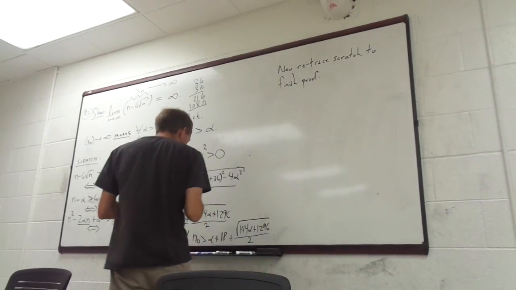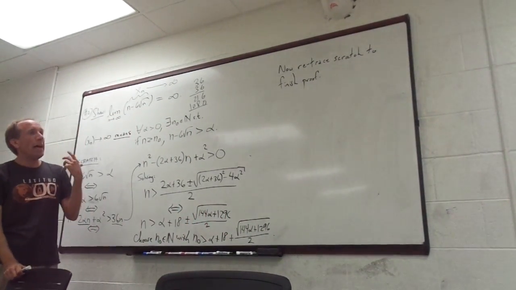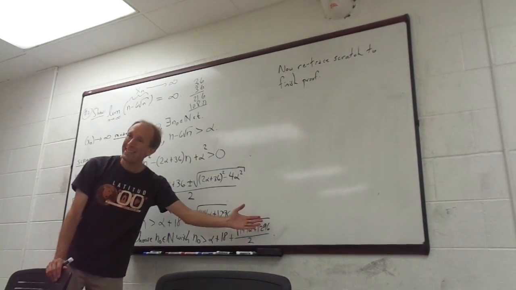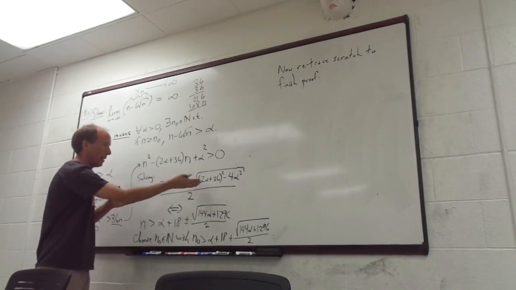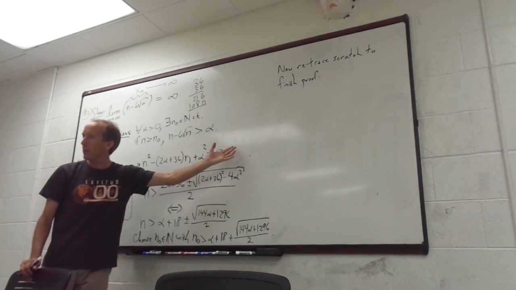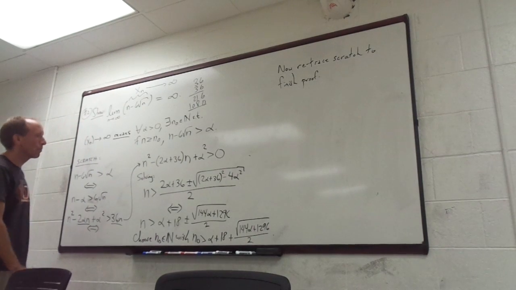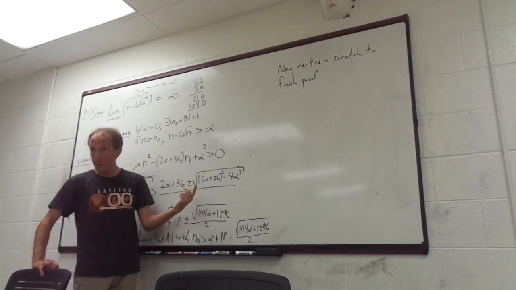So in other words, if you started here and you said let n naught be greater than this, then if n is greater than or equal to n naught, then n will be greater than this, right? And if n is greater than that, then n is greater than this, right? And therefore, this will be true, because this is just a parabola, right? So if n is greater than the larger of the two roots, right?